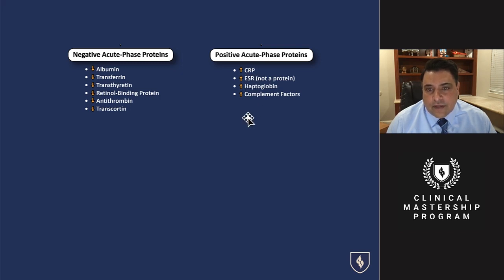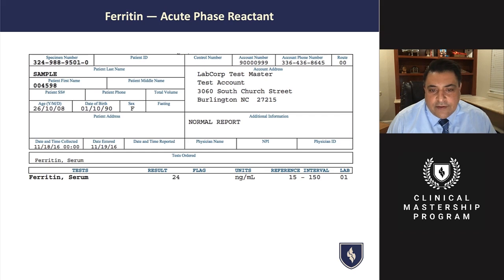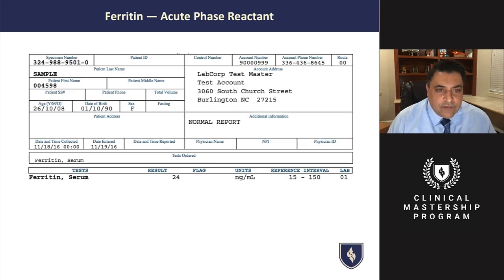Most of the things we measure in a clinical setting are typically positive acute phase reactants. If C-reactive protein is elevated, we know that there's an inflammatory response. Ferritin is another acute phase reactant, and the other really popular one is sedimentation rate. In routine lab work, these are the most common acute phase reactants.